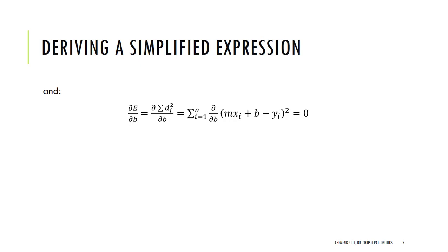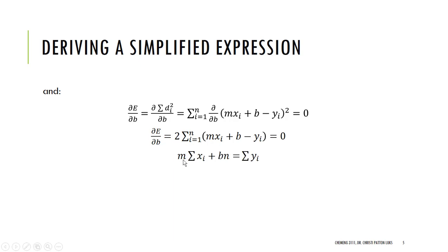So dE/db. Same first step, bring the sum outside of the derivative. Now I'm going to take the derivative, so it's 2 times this inside group times the derivative of this with respect to b, and I end up with this expression. Again, divide through by 2.